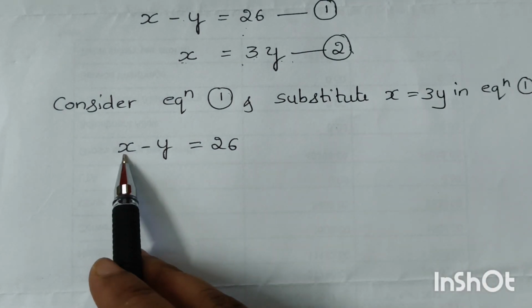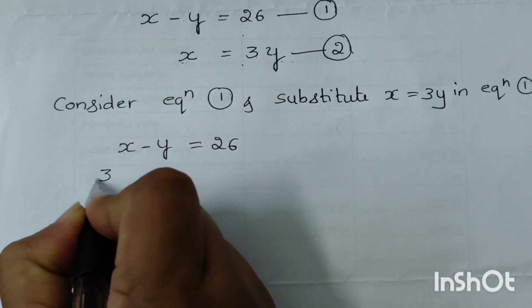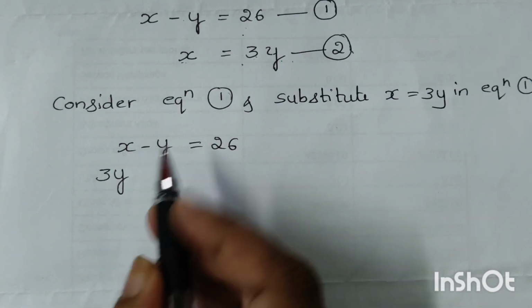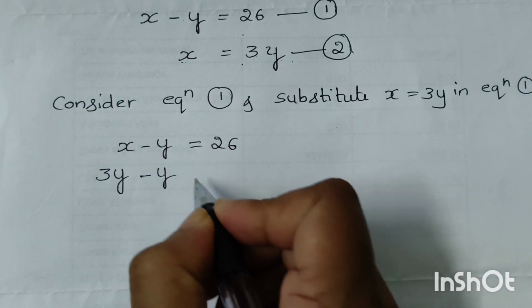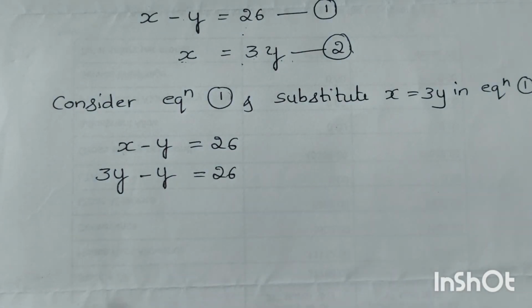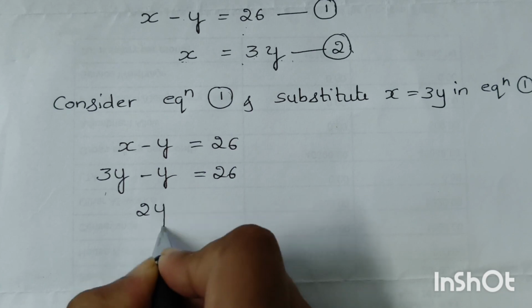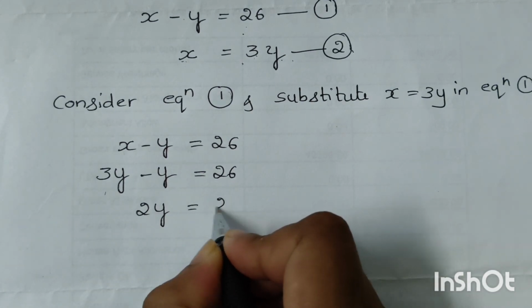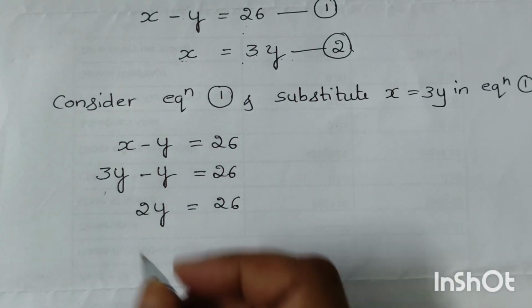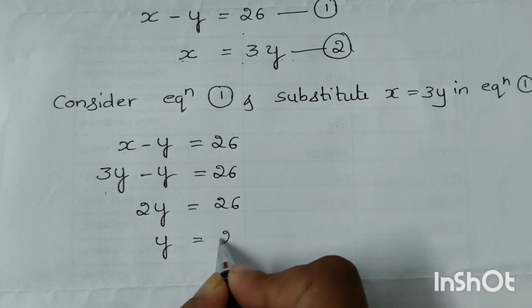So in the place of x I can write 3y minus y is equal to 26. 3y minus y is 2y, is equal to 26.